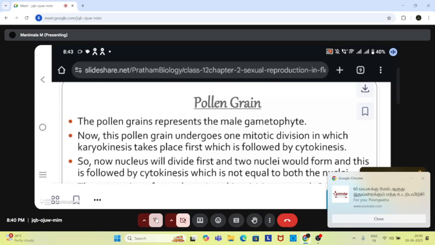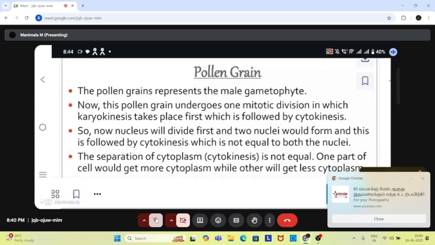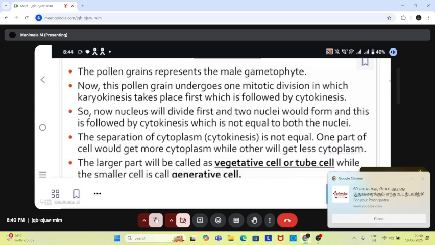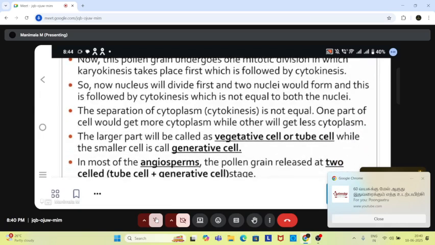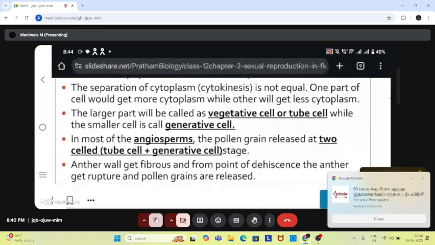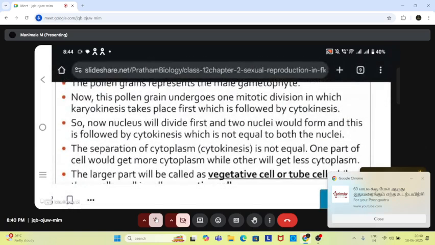And it undergoes division. First, the pollen grain undergoes mitotic division in which karyokinesis takes place first, followed by cytokinesis. We all know what karyokinesis and cytokinesis are, right? Division of the nucleus is called karyokinesis.